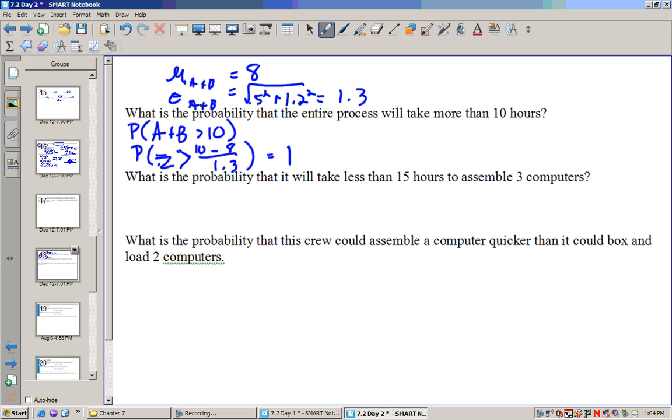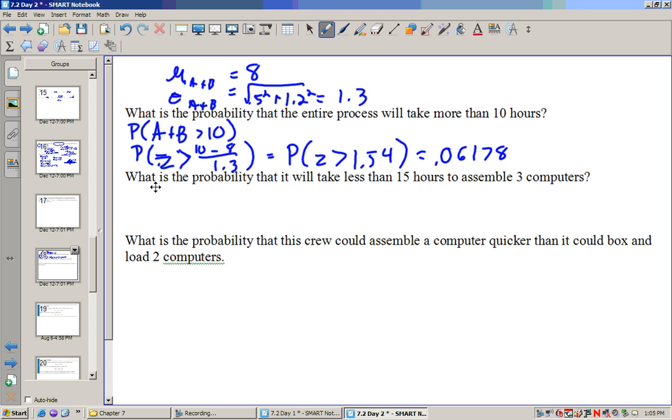So my z-score is greater than 2 over 1.3, which is 1.54. So that's going to be a normal CDF of 1.54 to a very large number, which is 0.06178. So about 6% of the time, it'll take more than 10 hours.